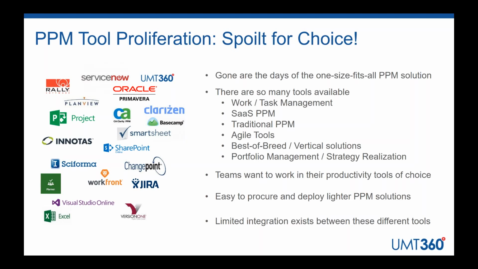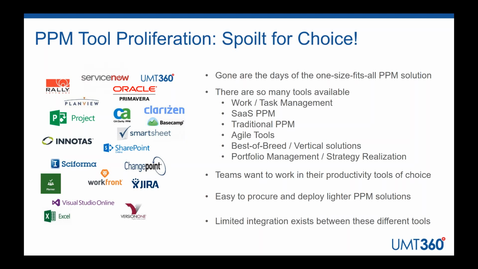But today it seems that we are spoiled for choice, because there's a lot of PPM tools that now could be utilized by any team. Gartner talks about work and task management tools, tools like Basecamp, or even the new Office Planner in Office 365 from Microsoft, simple task management.